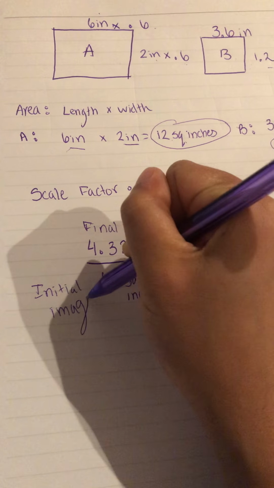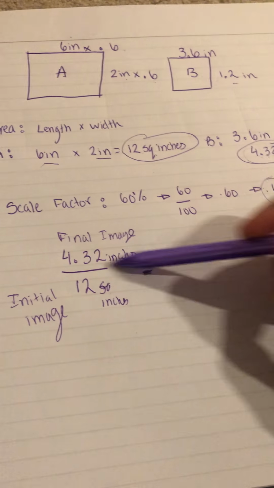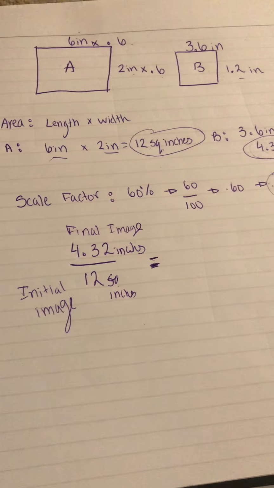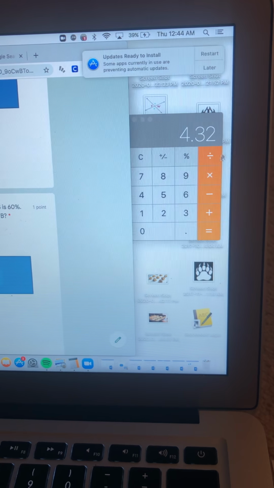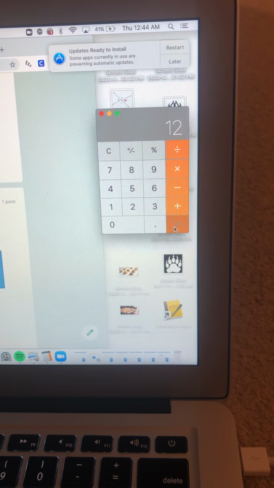So a lot of work. And the reason it's so much easier right now is because we did all of these steps to end up finding the area of both of them. So I'm going to divide 4.32 by 12, and that gives me 36 hundredths.